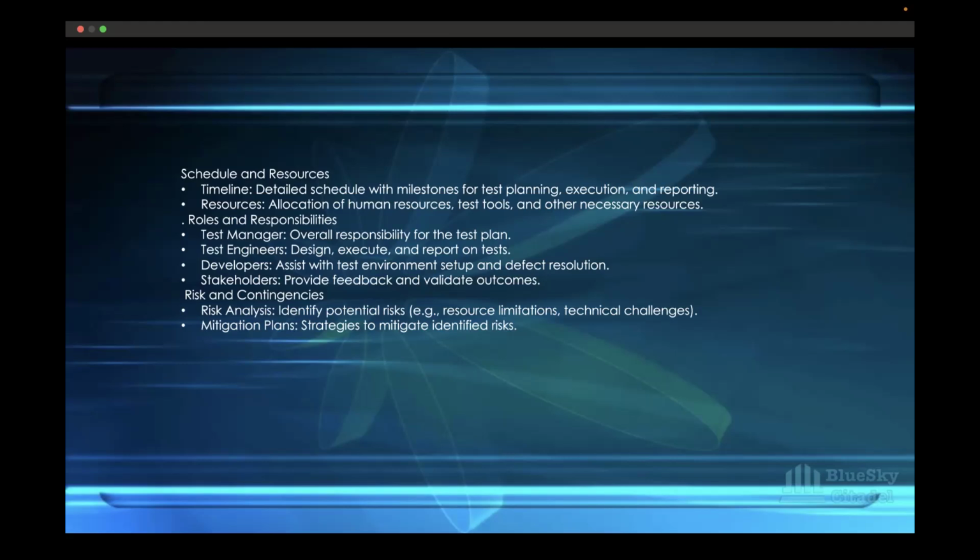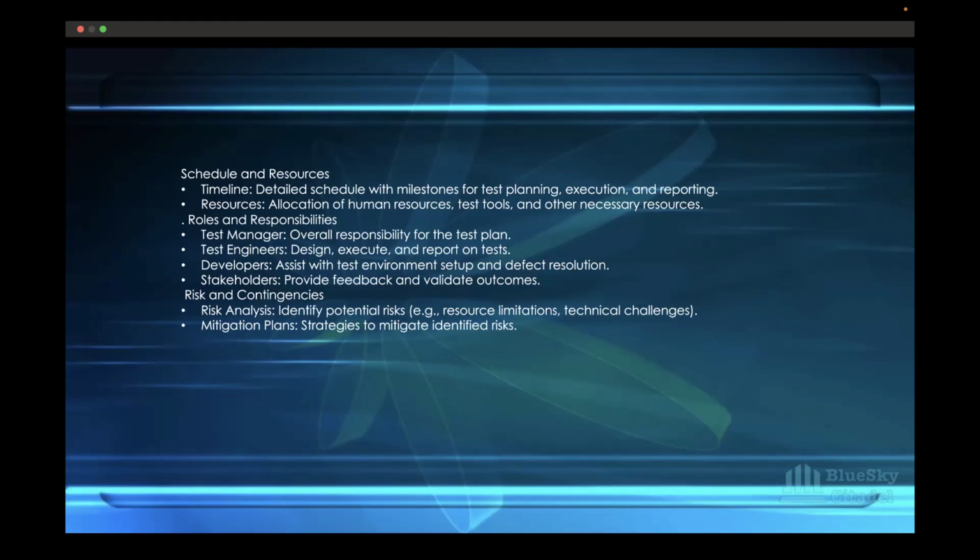And you also need to list your risks and contingencies, the risk analysis, any potential risks, be it resource limitation or technical challenges. I remember there was one project that had technical challenges, so they had to get an external resource.